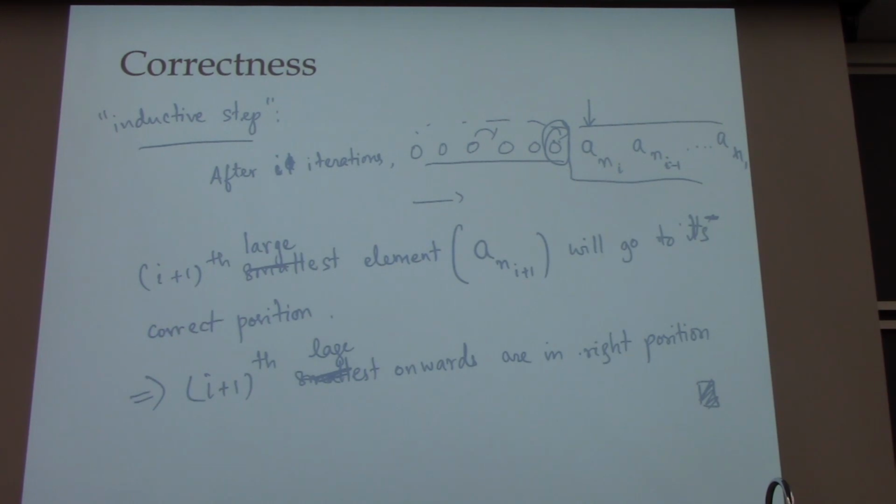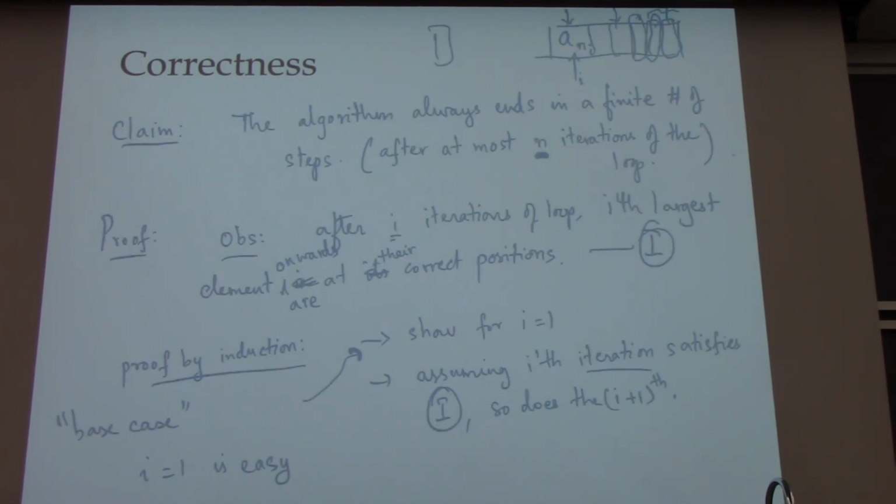Good. Go back to the previous slide just for a moment. So this is what we want to show by induction: assuming the ith iteration satisfies this observation that he came up with, then so does the (i+1)th. And the proof is actually somewhat simple.